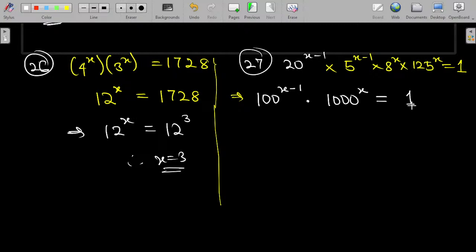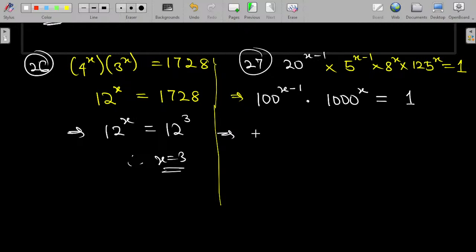Okay, so what can we do with this? We can take everything to base 10 if we want. That's one way. Of course, there are other things you can do. I can choose to simplify this into 100 to the power x all over 100, multiplied through by 100, but that is a longer process.